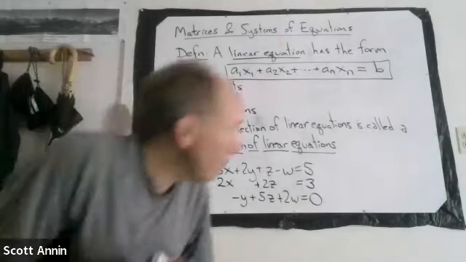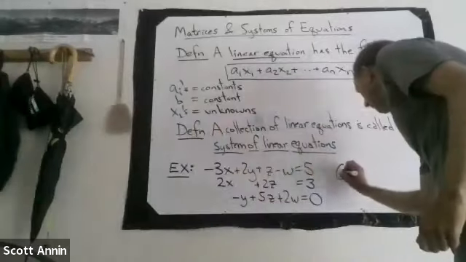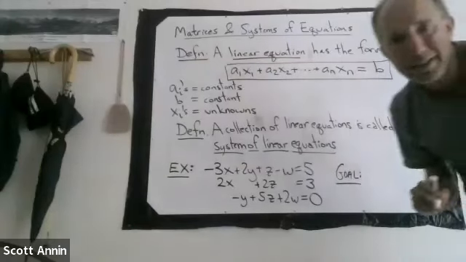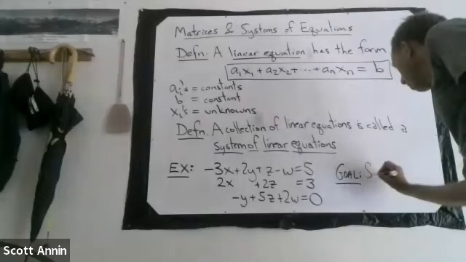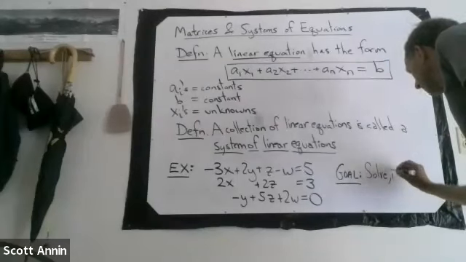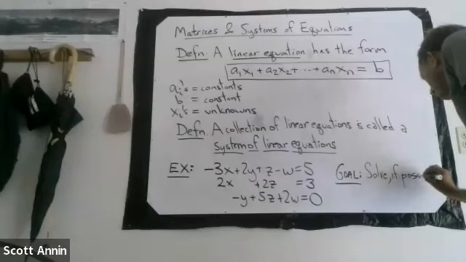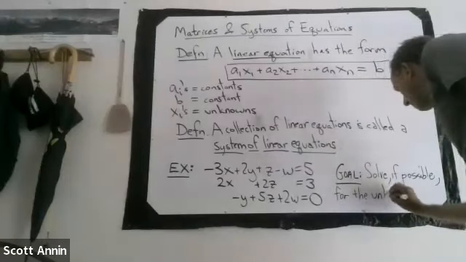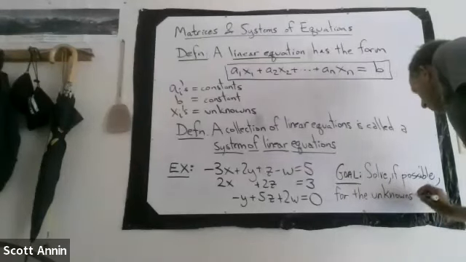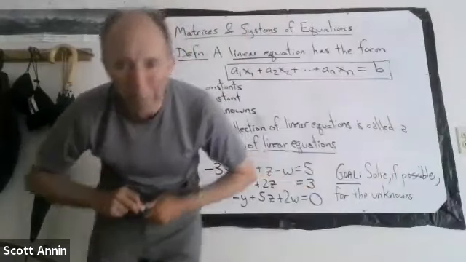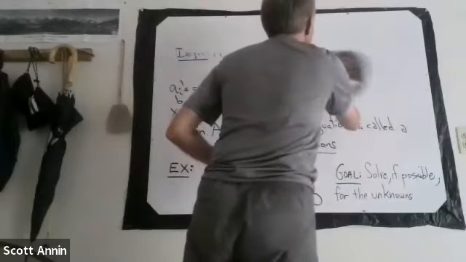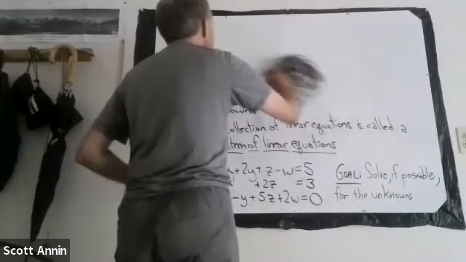And as I was talking about earlier, a lot of times the goal, when you have a system of linear equations like this, is to solve, if possible, for the unknowns. It's not always possible. I could give you a very simple example to show you that it's not always possible to solve for the unknowns in a linear system.